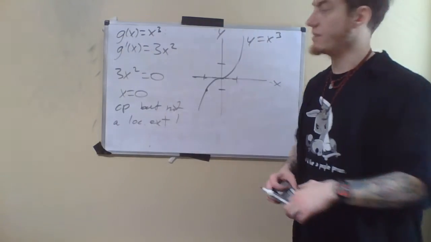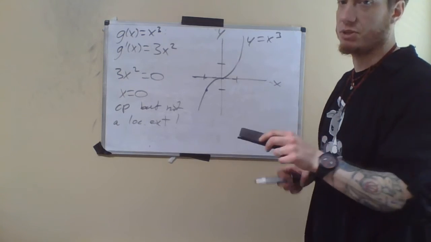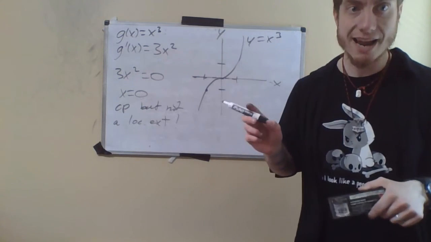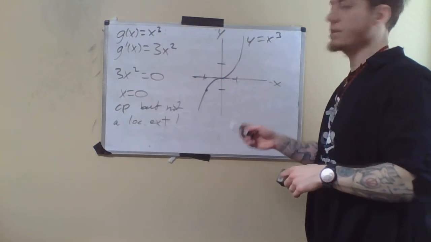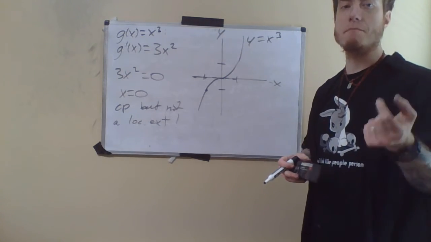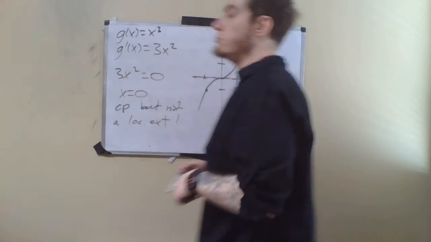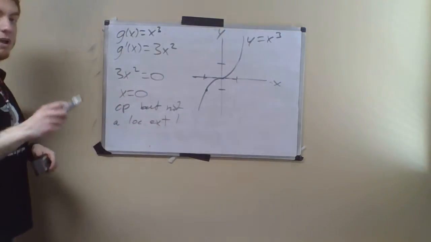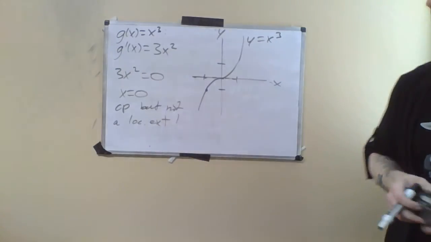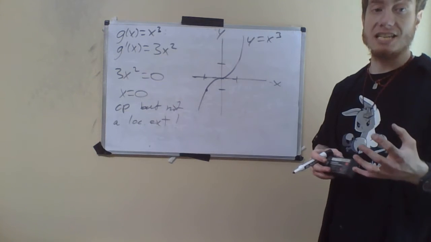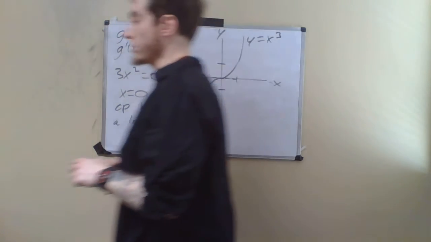And the simplest way of doing that, or not necessarily the simplest in the sense of easiest, but the simplest in the sense of the most direct, you just jump right in and ask yourself, near this point, can we show that this is a minimal value or a maximal value? But there are other more clever ways of trying to figure out whether it's a local minimum or maximum that can be much easier in a lot of situations. So we're going to end up talking about that in a little bit.